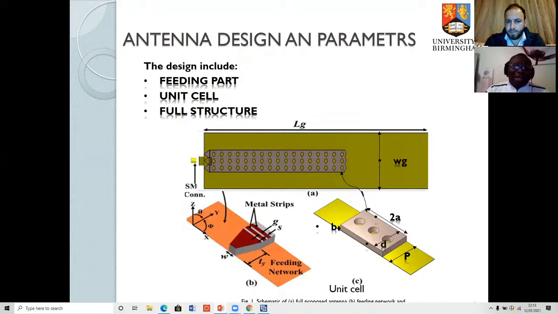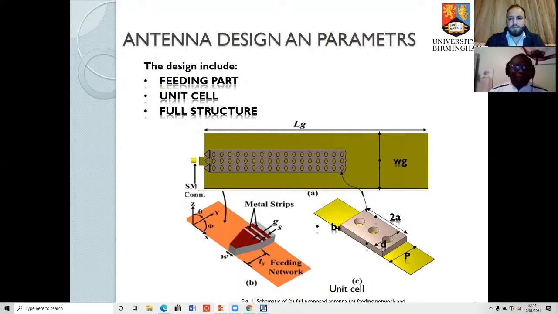So let's look at the next item. This is the antenna we'll be talking about today. On your screen, as you can see, we have the antenna design parameters. The area we'll be concentrating on involves the feeding part, the unit cell, and the full structure.